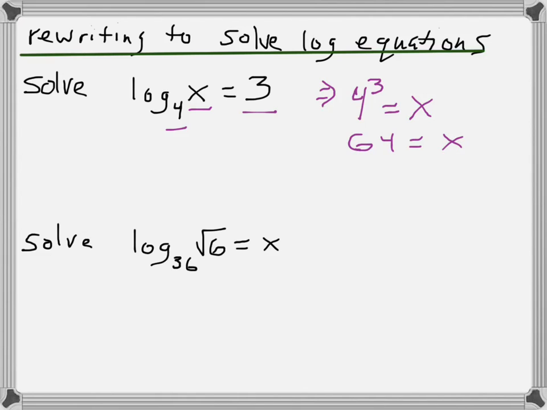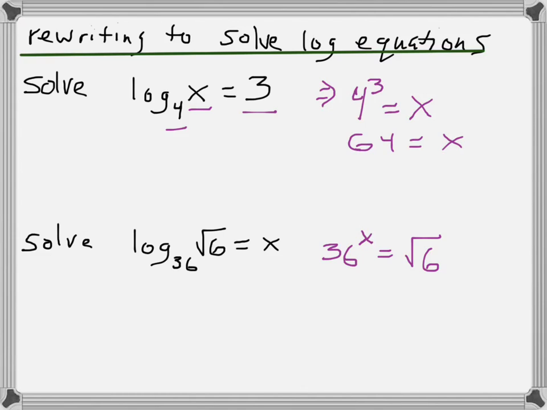Okay. How about the next one? Log base 36 of the square root of 6 equals x. Can you rewrite that and try to solve it? So we're going to rewrite this 36 to what power, which in this case is x, is going to equal the square root of 6. Yikes.